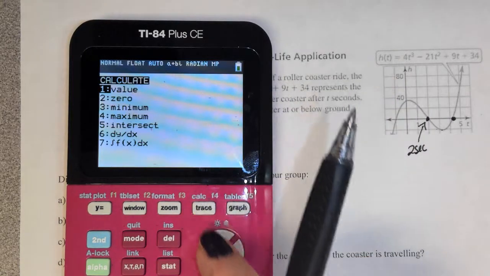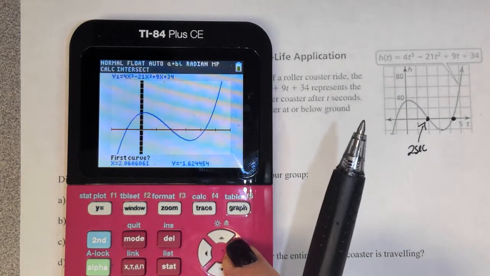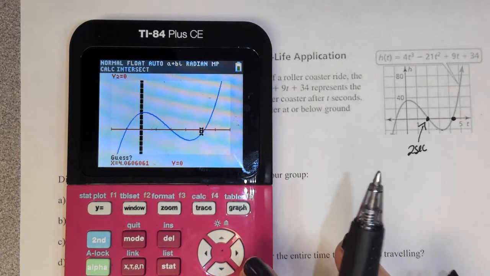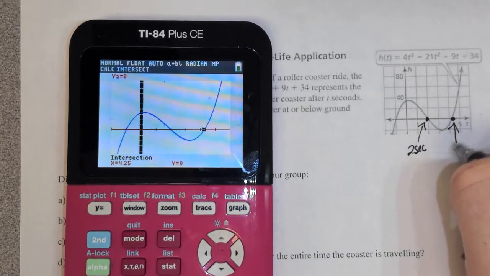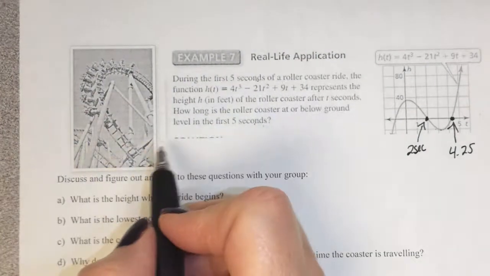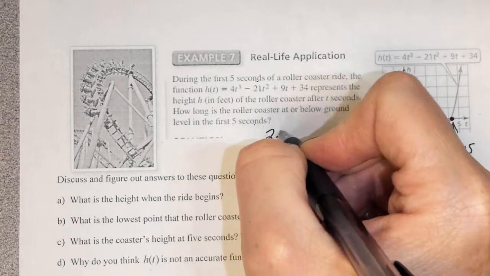So second trace, calculate, intersect, get over there close to it. I don't want it to find 2 again. Enter, enter, enter, and it is 4.25. So how long then is it at or below ground level? 2.25 seconds.